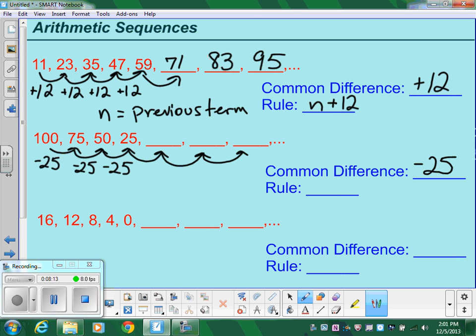That means our next value would be 0, then -25, and then -50. Once again, following our example for determining the rule, your previous term added by your common difference. And of course, algebraically speaking, we know of a way to refine this and simplify it. So we will write this as n minus 25.